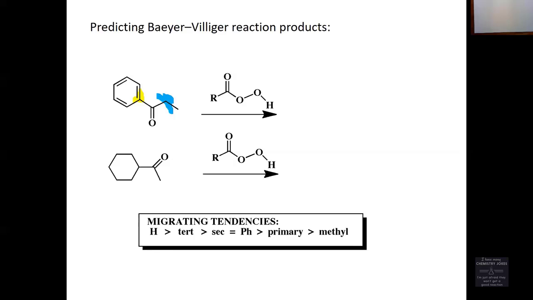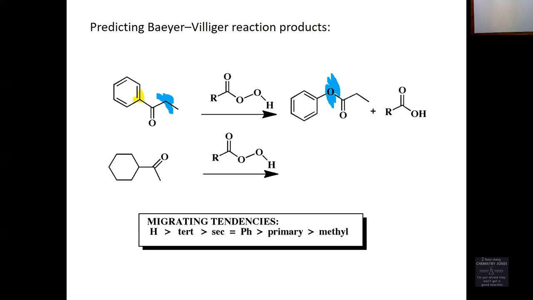You're not counting the carbonyl that it's connected to. You're just counting the number of carbons other than the carbonyl that it's connected to. So phenyl migrates faster than primary. That leads us to that product. Whatever migrates faster ends up with the O squeezed between the carbonyl carbon and the thing that migrates faster. We start out with a ketone, we end up with an ester.